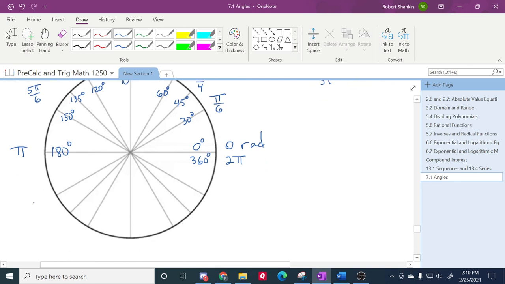And then we can go around to the second half of the circle. We add 1 pi over 6, and we get 6 pi over 6 plus 1 pi over 6 is 7 pi over 6. And then we add another pi over 6, which is another 30 degrees, and we get 8 pi over 6. But 8 pi over 6 reduces to 4 pi over 3.